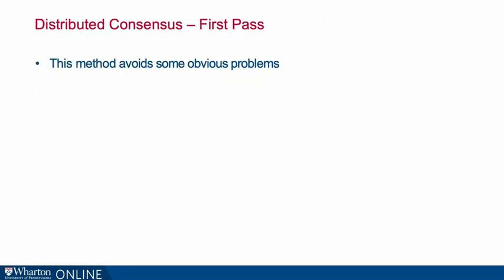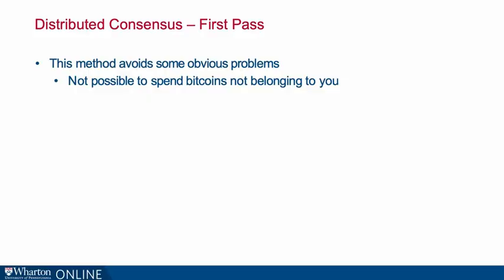Now let's see how this algorithm avoids some problems, first some obvious problems, and then the double spend attack. First of all, it's not possible to spend Bitcoins not belonging to you according to this algorithm, even though it's decentralized, because your signature will not match the valid signature on the coins.